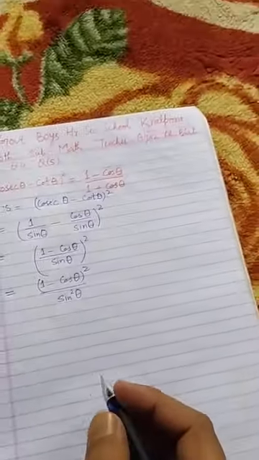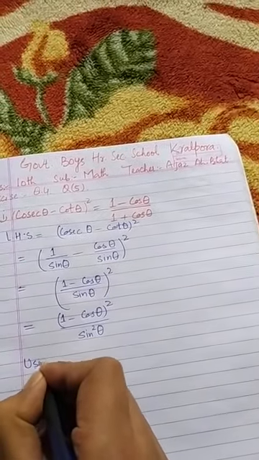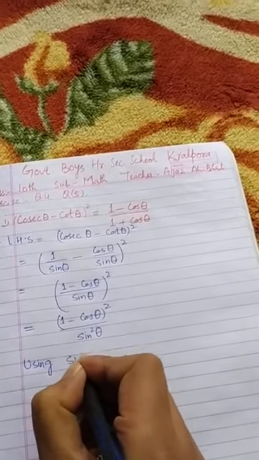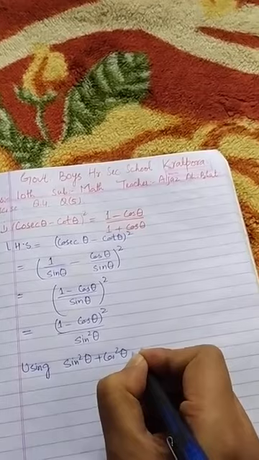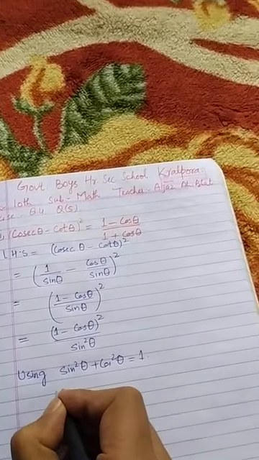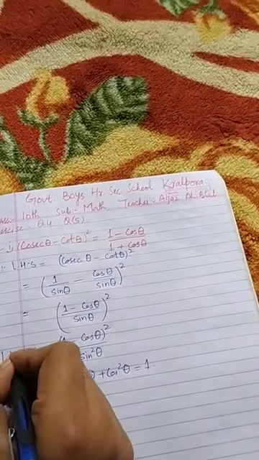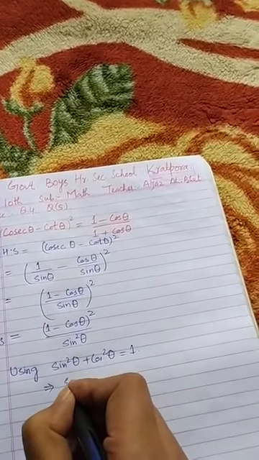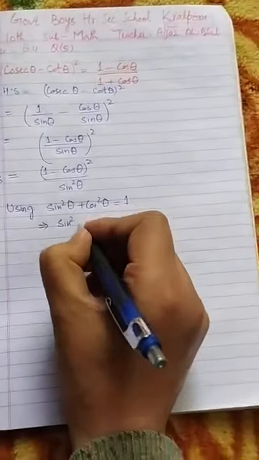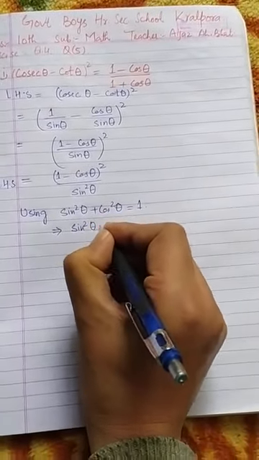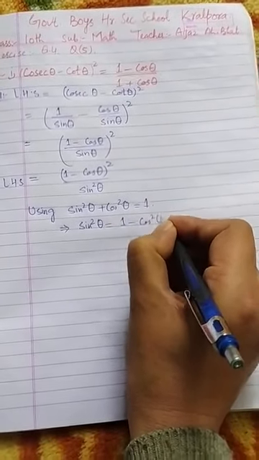As I was discussing, we have identities like sin square theta plus cos square theta is equal to 1. So I am using this expression in the LHS, that is sin square theta is equal to 1 minus cos square theta.